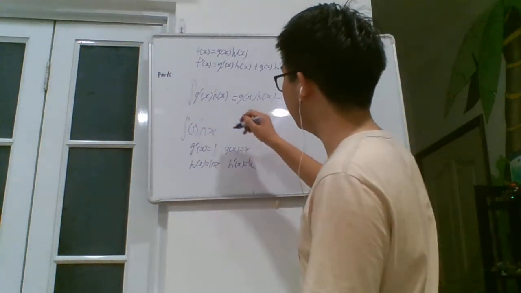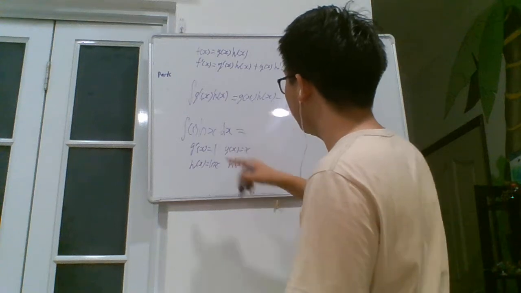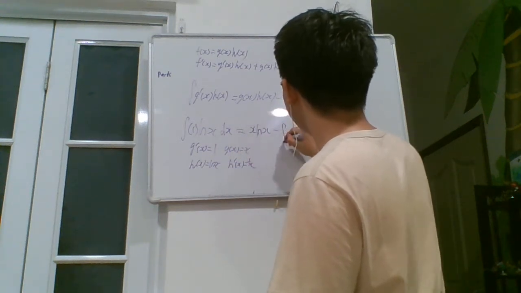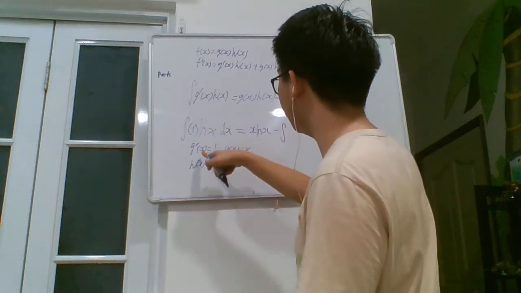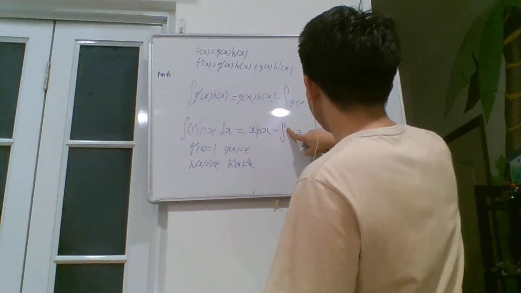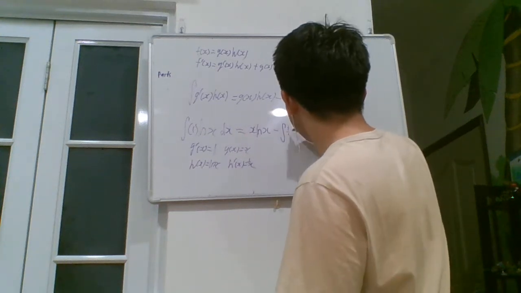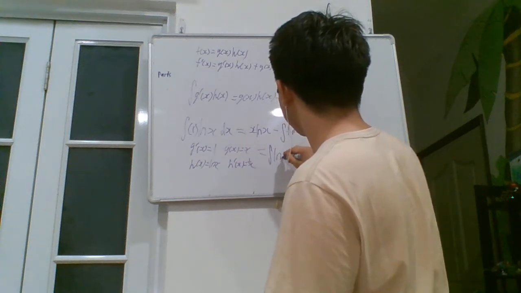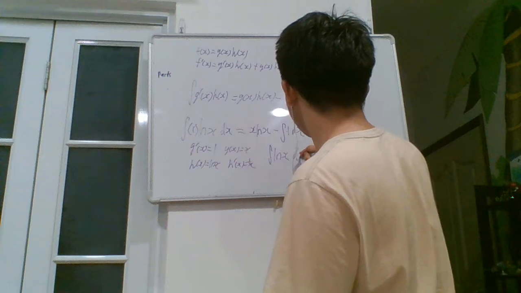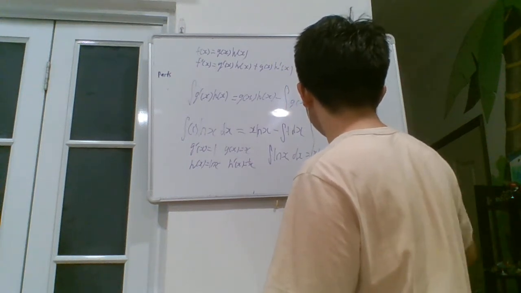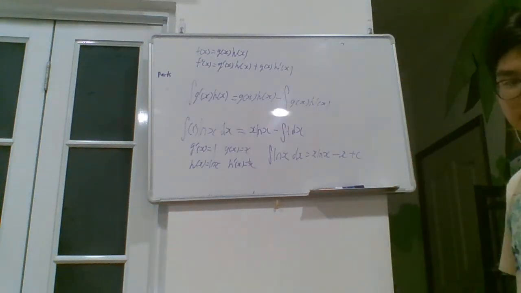So by using this definition, the integral of this dx goes to g x, which is x, times h x, which is ln x, minus the integral of g x h prime x, which will evaluate to the integral of 1 dx. And you'll realize that the integral of ln x dx equals x ln x minus x plus c, where c is your arbitrary constant.